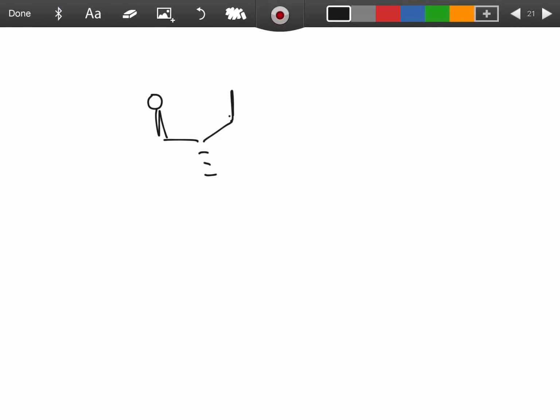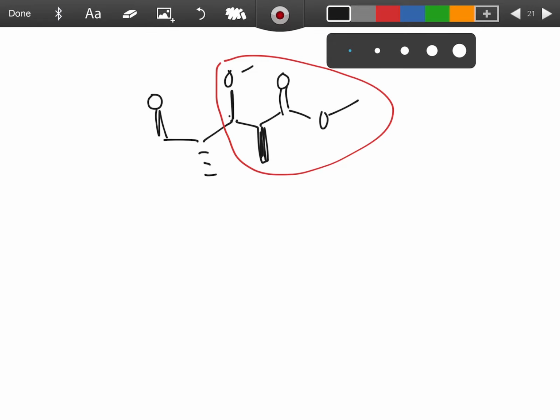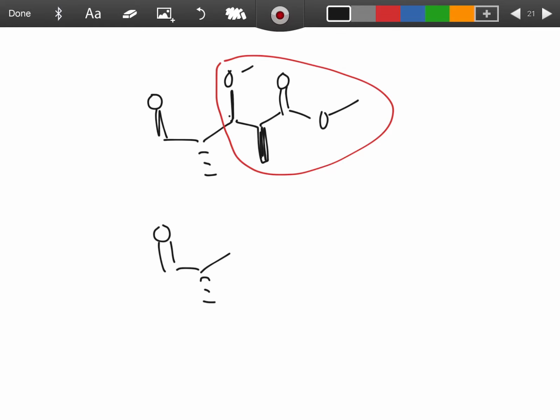So you've got all this, and you're like, whatever. But all this extra stuff past that methoxy group doesn't matter. So you're basically just doing methyl versus kind of isopropyl, right?